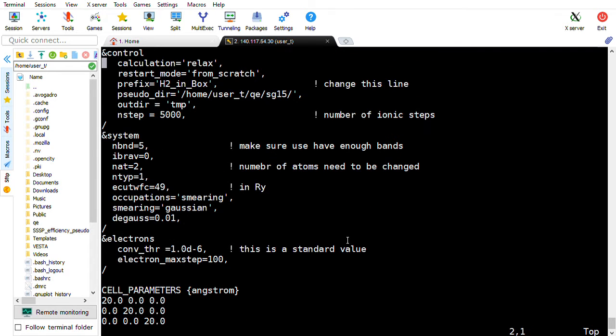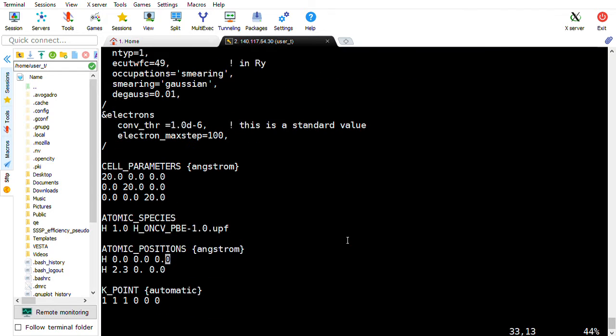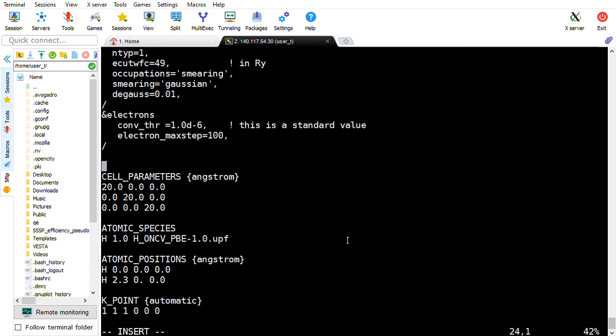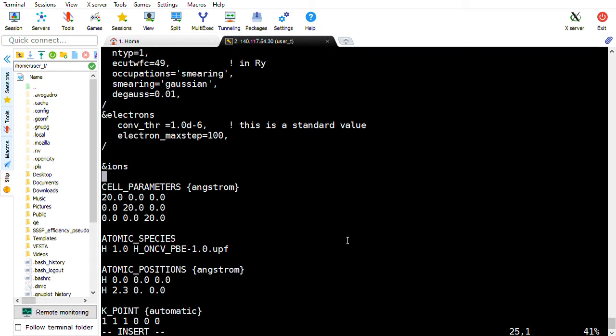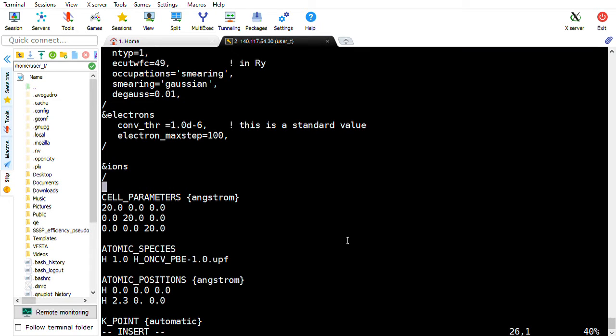The thing is, when we put here the calculation relax, Quantum ESPRESSO wants to compute something about the ions or cores of the atoms. And it expects from us to have a block called ions. But we don't need to put there anything for now. So we just give it an empty block. Okay?